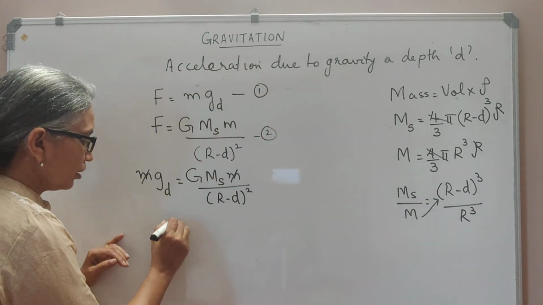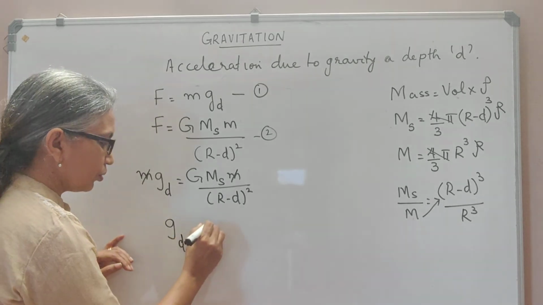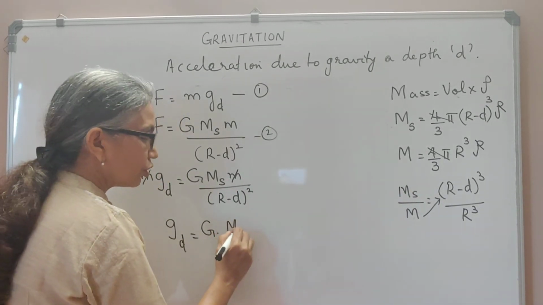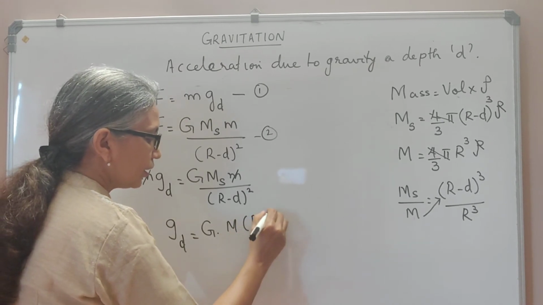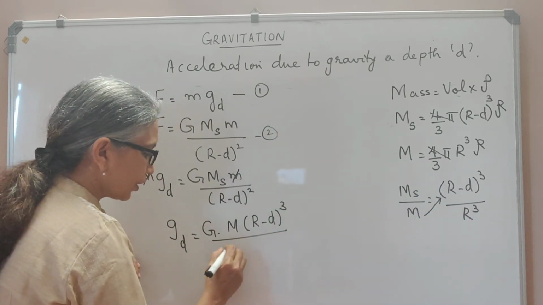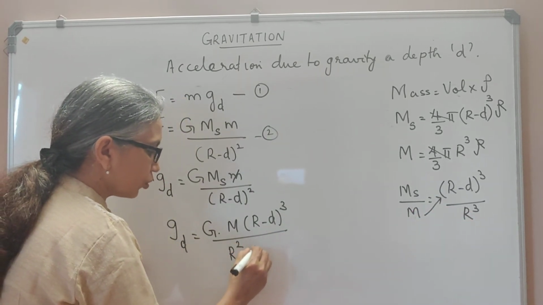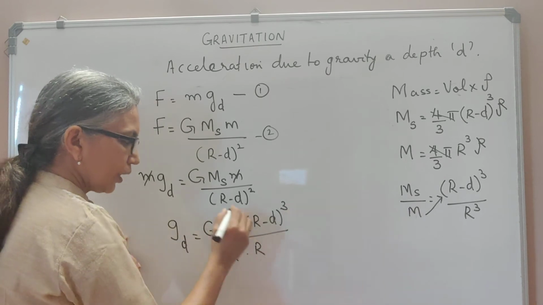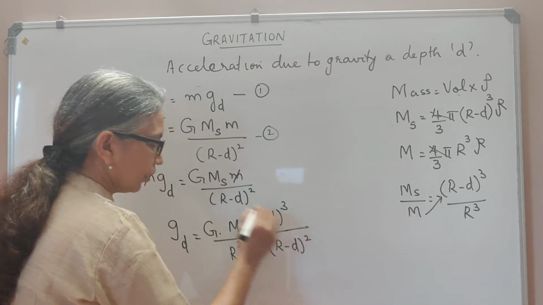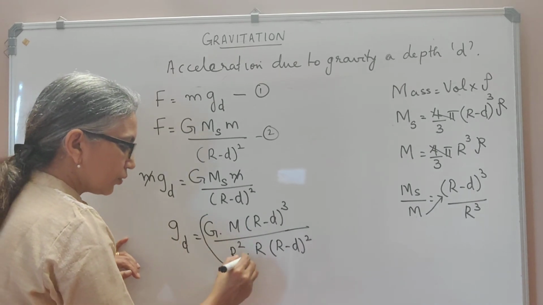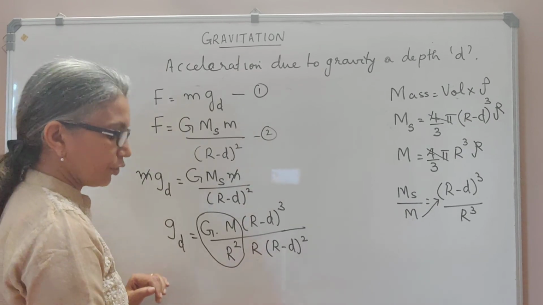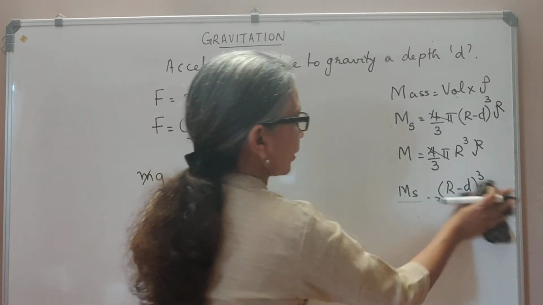So g at d is equal to G into this ms, which I can write as M into R minus d the whole cube, divided by R cube, which I'll split and write as R square into R, and then there's an R minus d the whole square here. Why I did that is, we know that GM by R square is small g on the surface of the earth.